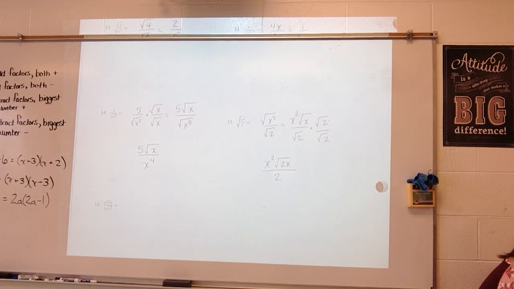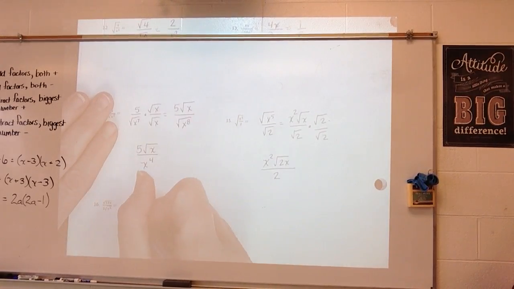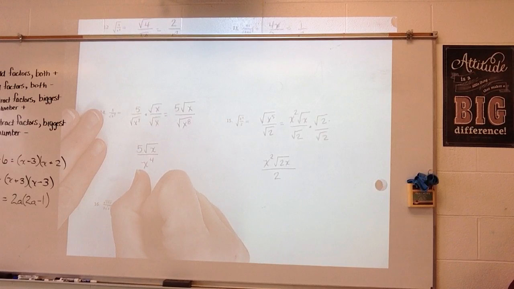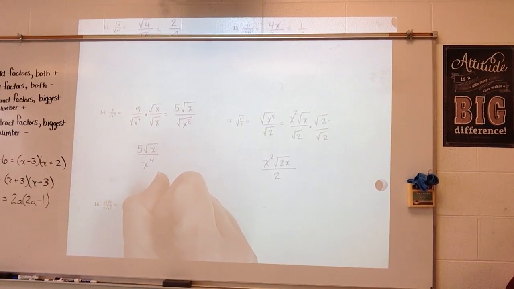All right, and number 16. The square root of 18x over the 3 square root of x to the 5th. Let's go ahead and look at this, and let's see what I can do. I can break the square root of 18x into the square root of 9 times the square root of 2x.